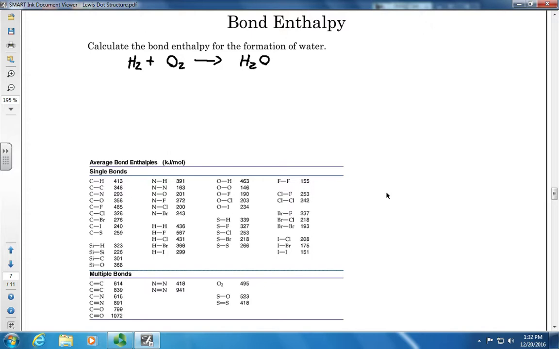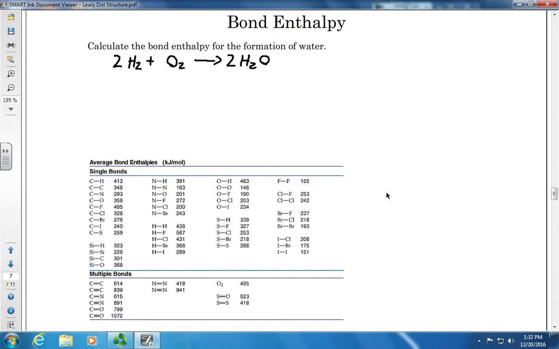And we just need to balance this equation, and it's balanced.